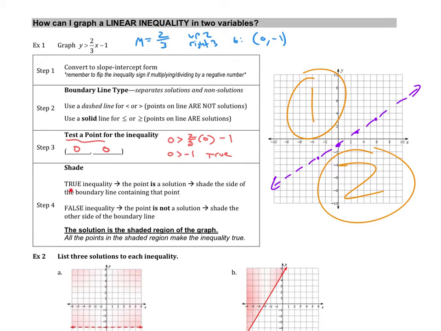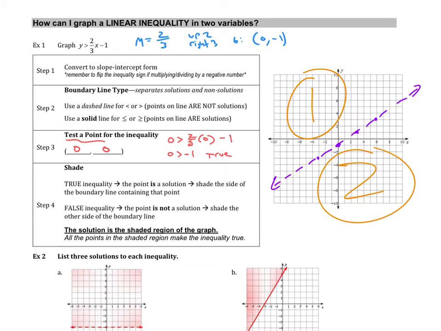And so a true inequality, we can see this flowchart here, the point is a solution, so we shade the side containing that point. Well, out of 1 and 2, which side contains the point 0, 0? It's side 1. So what that means is 0, 0 was true, and any other point that we picked on this side of the line would be true.